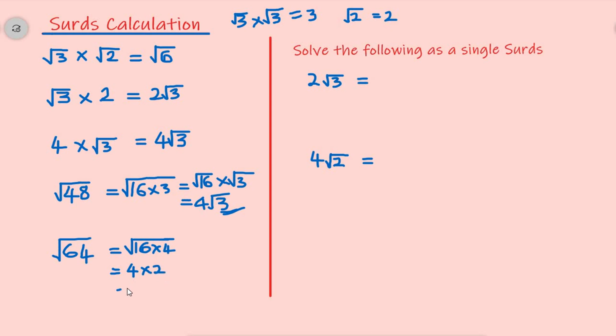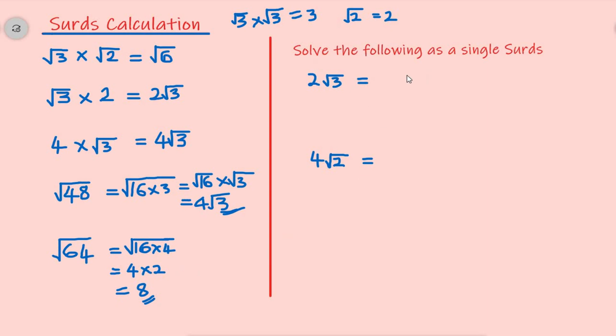So 4 times 2 is 8. But this is a long calculation. If you know the exact square root of 64 is 8, 8 times 8 is 64, so just write 8 instead of going through this process.